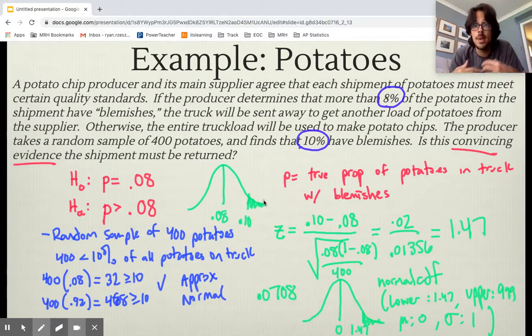In terms of my potato truck example, what this basically found out is if the truck has 8% bad potatoes, that's the cutoff, getting a 10% has a probability of happening of about 0.07. Okay? So basically what that's saying is if the truck is actually okay, there's only about a 7% chance of getting a 10% in a sample like this.